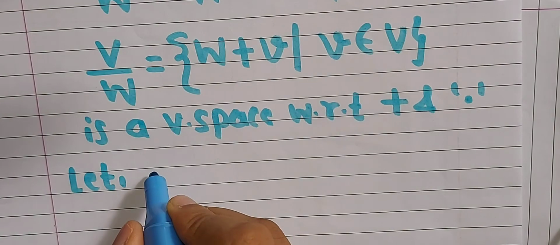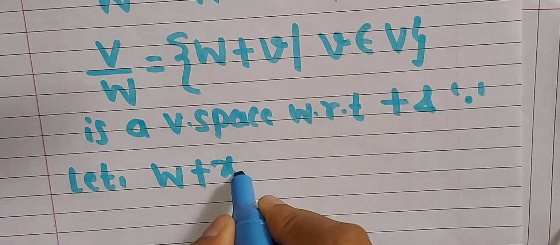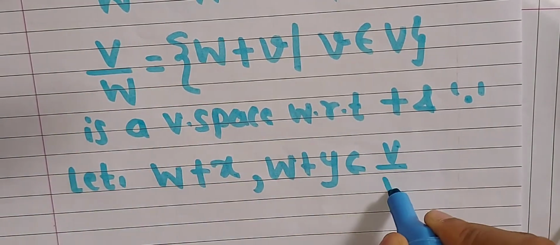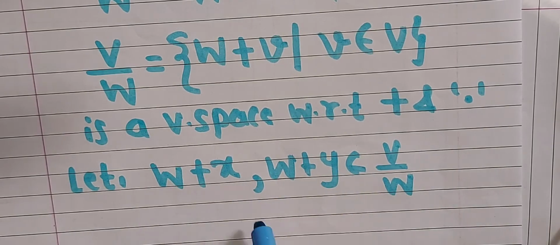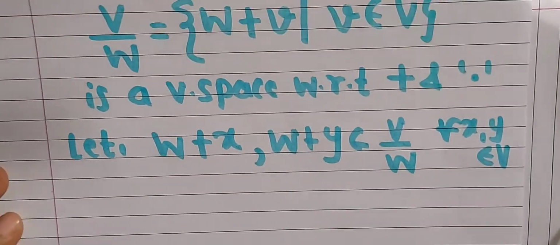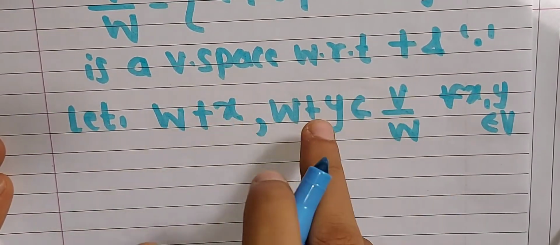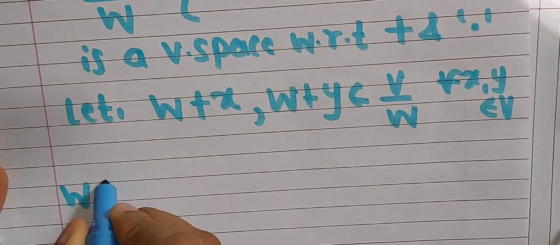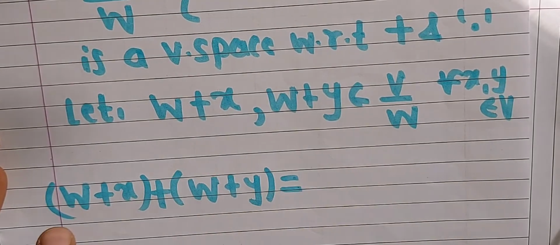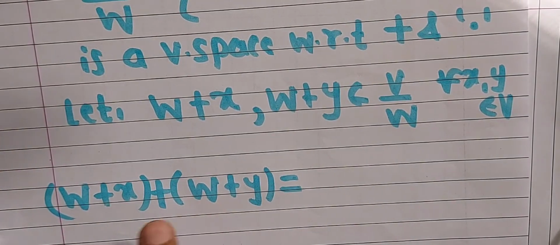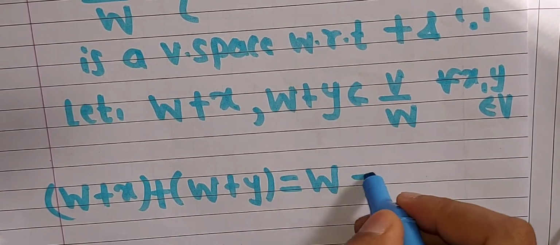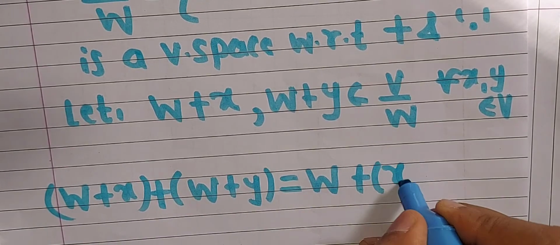Firstly, let the two elements from V by W be W plus X and W plus Y, where X and Y always belong to V. Now we first consider addition: W plus X plus W plus Y. W and W represent a subspace, and the addition of a subspace with a subspace is again a subspace, so the answer is W, plus X plus Y.